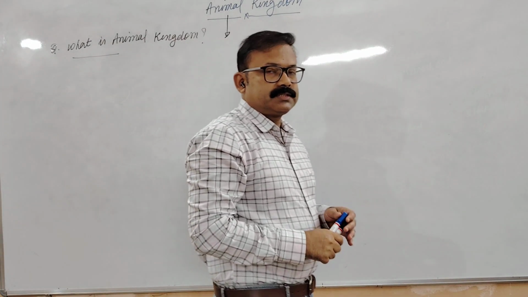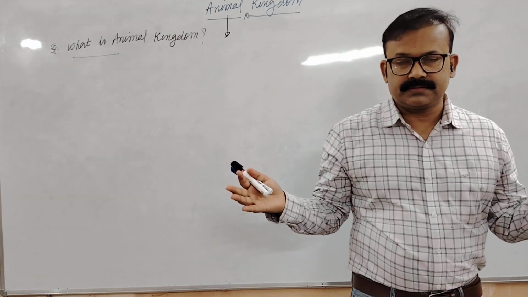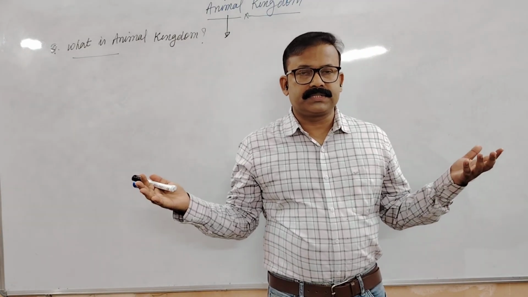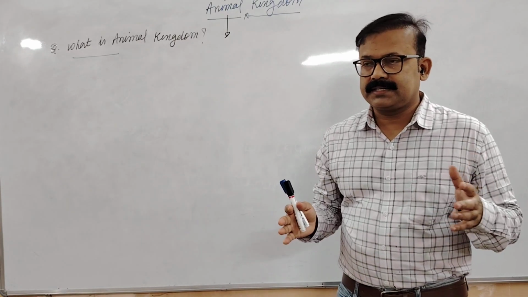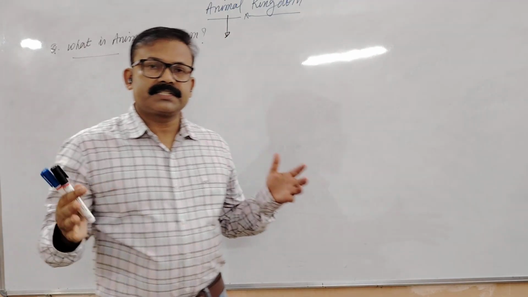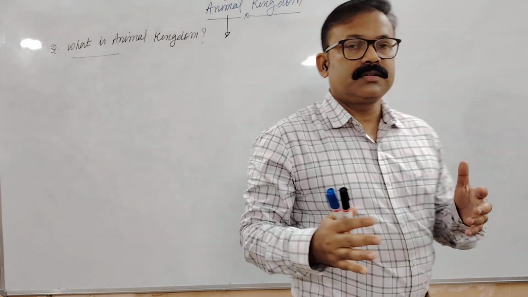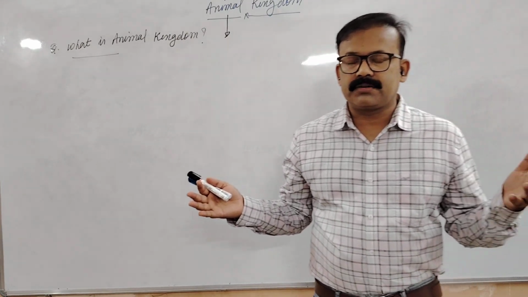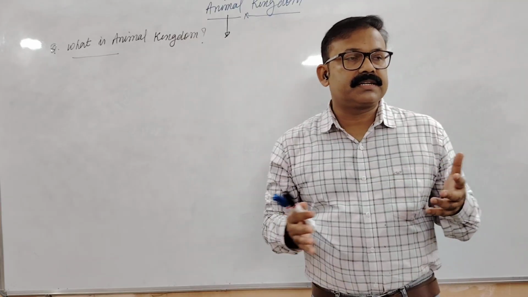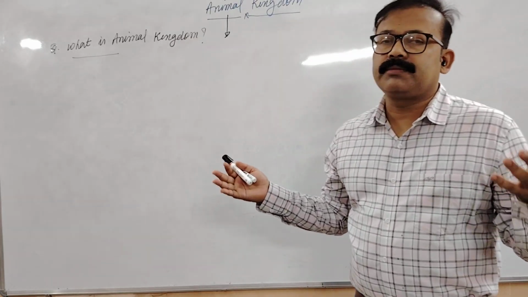So, dear students, in your surrounding, where you are living, and wherever you go over this planet, you will find two types of things. First, the different types of living organisms around you, and second, the different types of non-living objects.